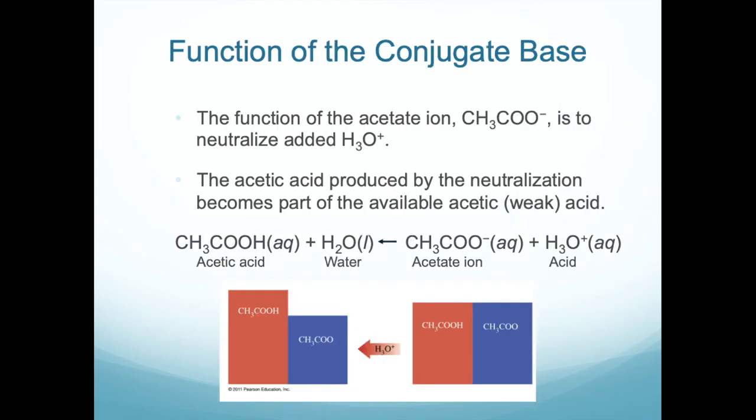What happens if you add an acid? Well, in this case, your acid will react with your acetate anion. So this is the conjugate base of your weak acid. So again, remember, it's a decent base, and so it'll react with that extra acid that you're adding and form more of your acetic acid. So you can see here in our balance, we have more acetic acid than we do acetate, but we still have large amounts of both, and they're still in equilibrium with each other.